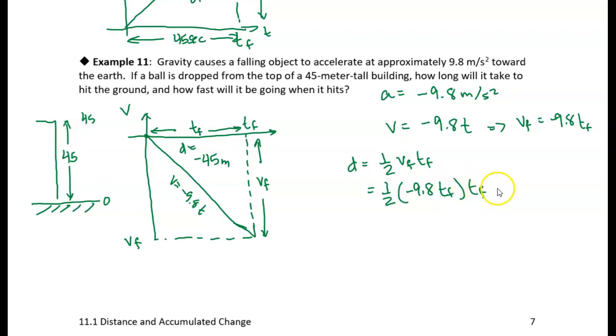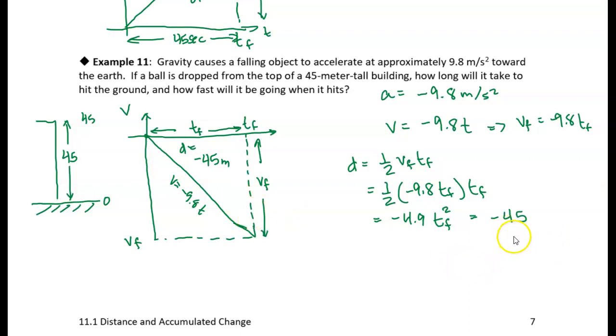If I take half of negative 9.8, I get negative 4.9, and then T final squared. Now I know that has to be negative 45, because that's how tall my building is. I know that when it hits the ground, it will have fallen by 45 meters.